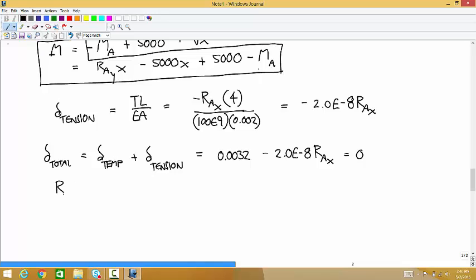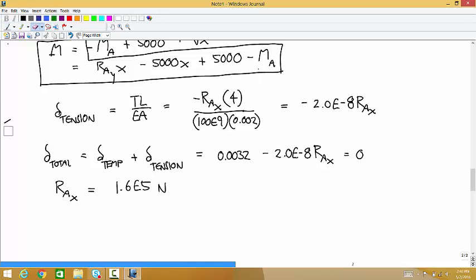So RAX is equal to, what do you get, 0.0032 divided by 2.0 times 10 to the minus 8? 1.6 times 10 to the 5th? Okay, newtons.